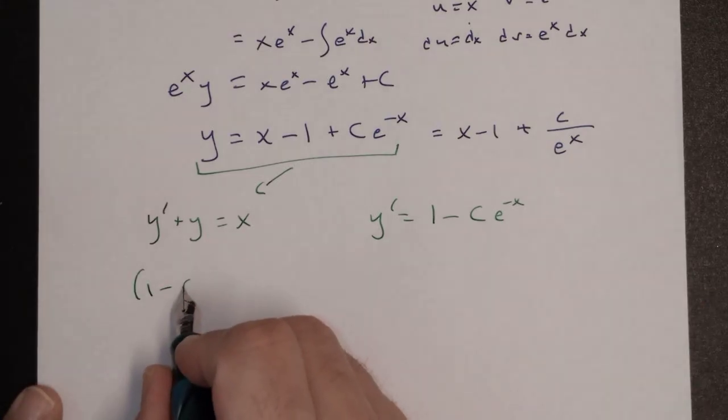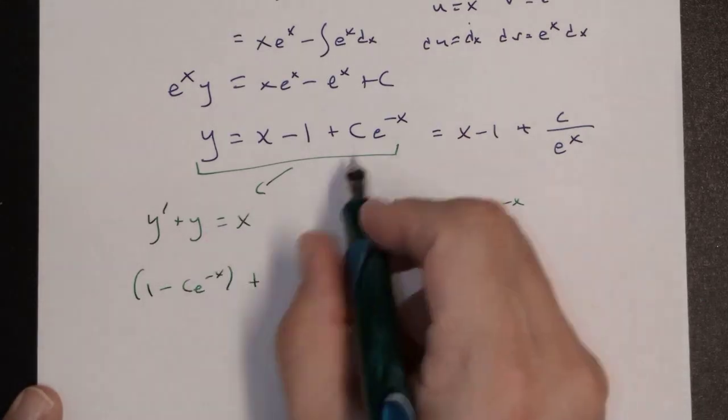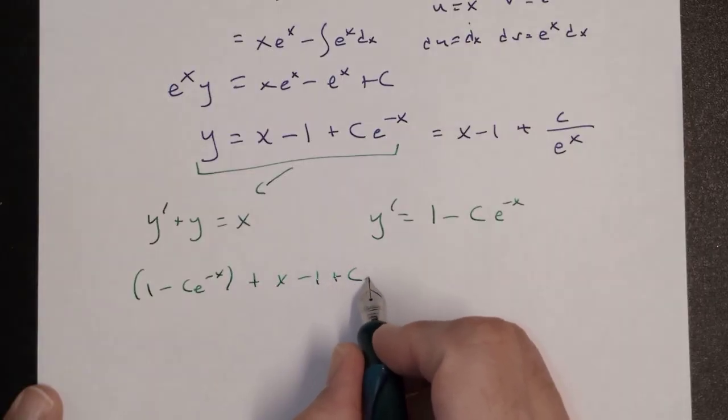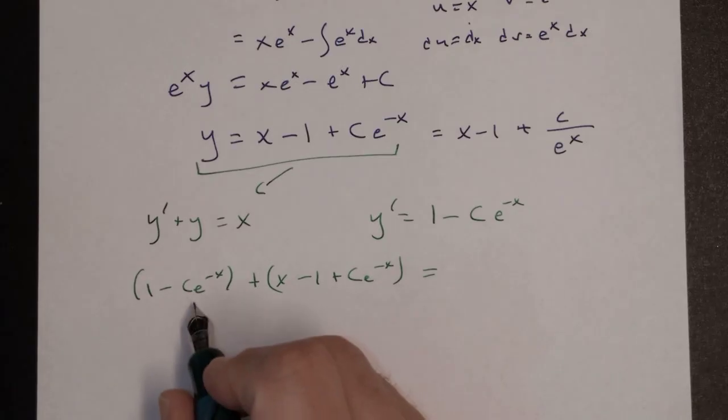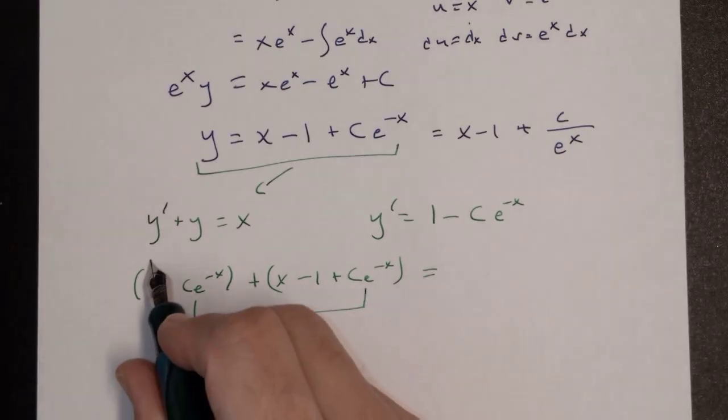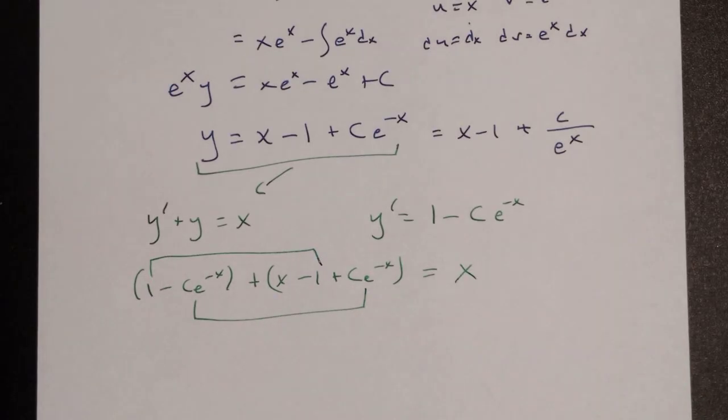So I have 1 minus c e to the minus x plus y, x minus 1 plus c e to the minus x. What happens when I add those? Because these two pieces cancel and these two pieces cancel. I did solve my original equation by adding in, well, multiplying in this e to the x.